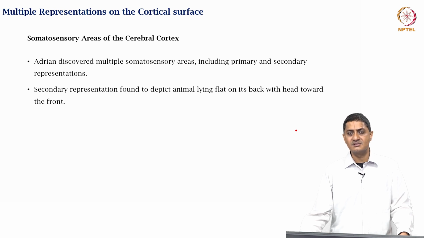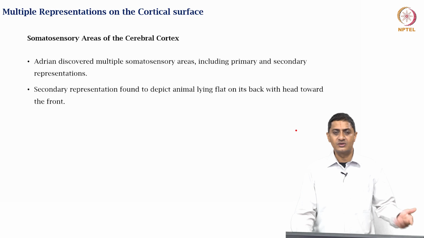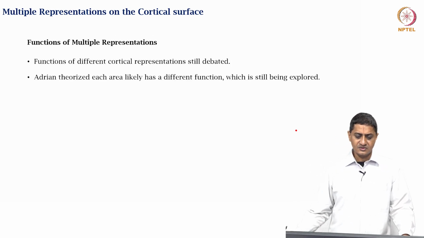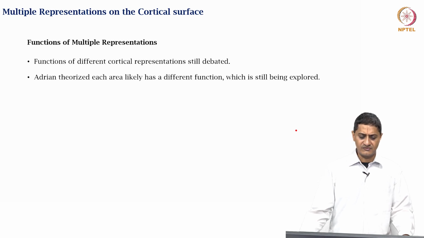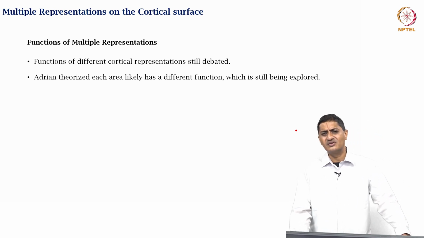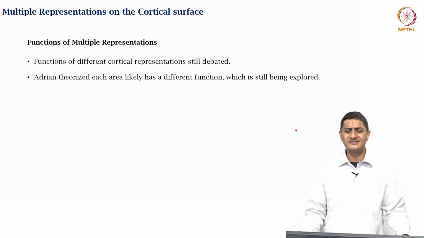This was his mapping of the cerebral cortex. Earlier one was about the cerebellum. And he found that there are multiple representations that he could have. There are different cortical representations, and this topic is still being debated. This is beyond the scope of this class to discuss this.